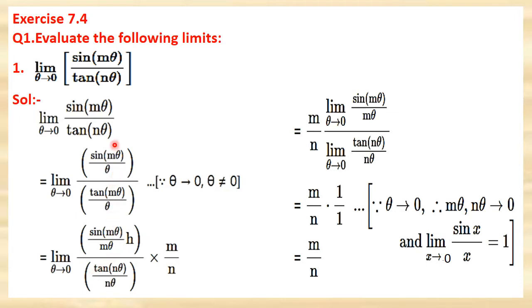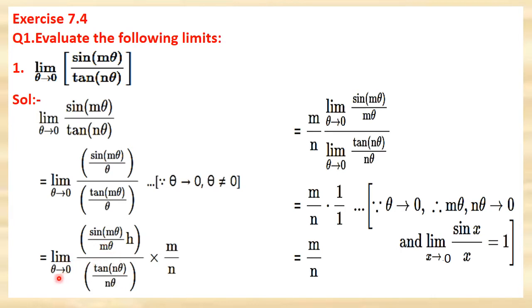And also it is m theta and we have taken only theta, so we can multiply m and divide m without changing the value, that is m into theta is divided here, and tan n theta upon n theta, that is n is taken extra here, so n is divided, so we multiplied n upon n, m upon m.